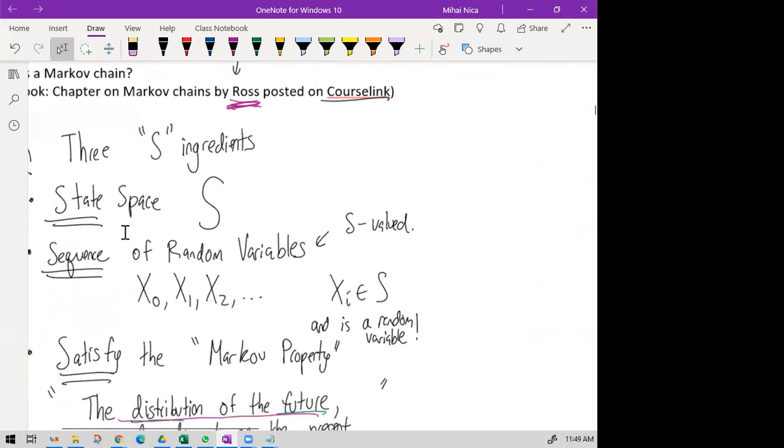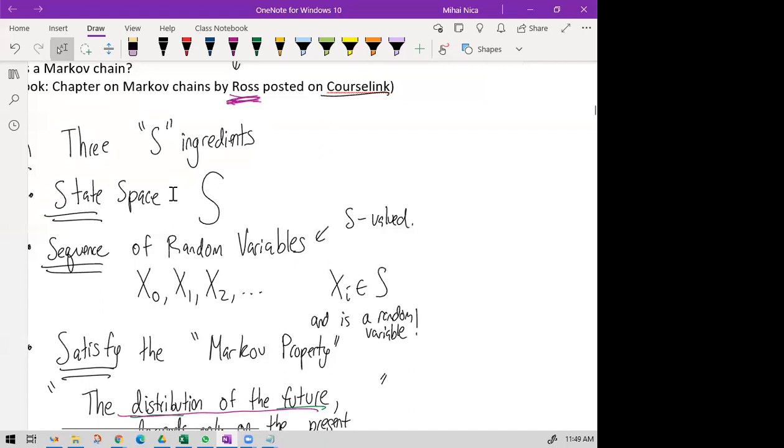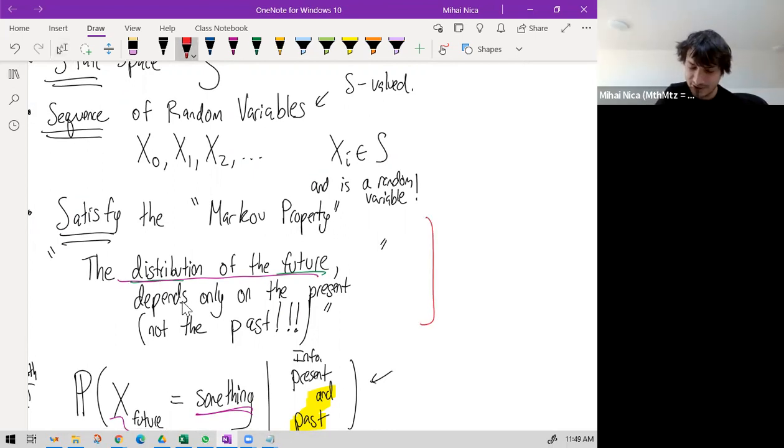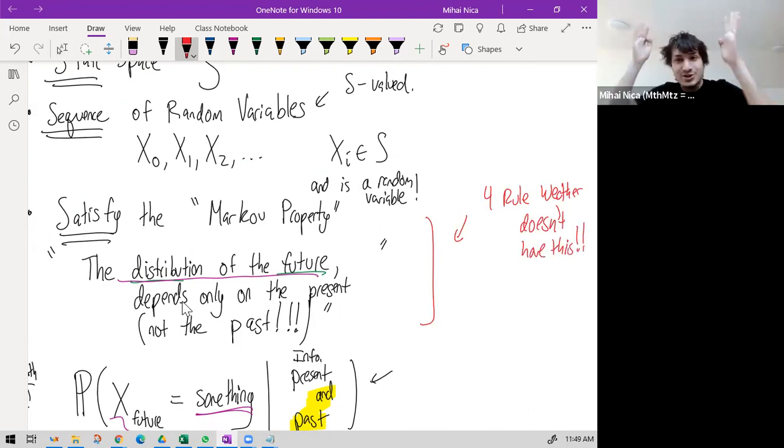It has a state space. You have the sequence. The sequence is definitely there. That's what you're talking about. And it has this Markov property that the future only depends on today. And it doesn't satisfy that. So this 4 rule weather doesn't have this. To predict the future depends on not just today, but also yesterday. And so it's kind of not.